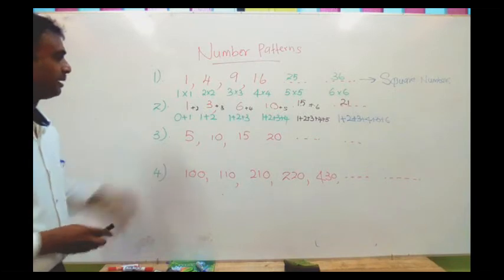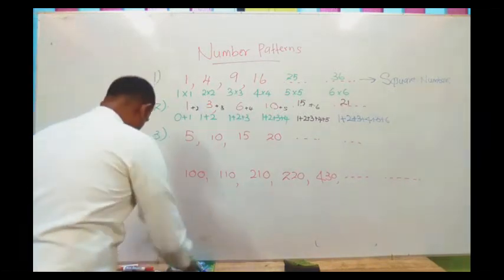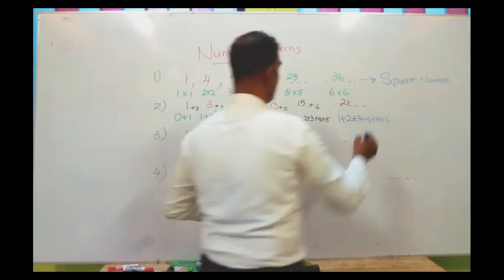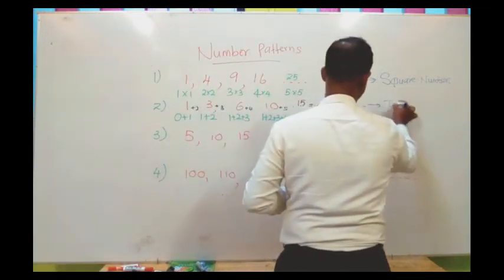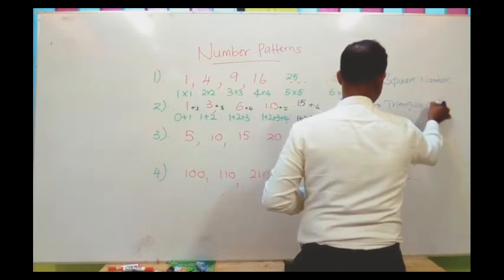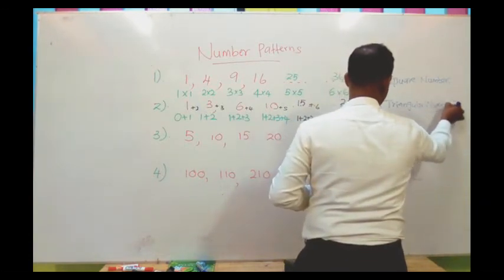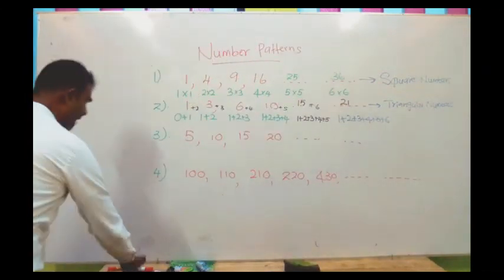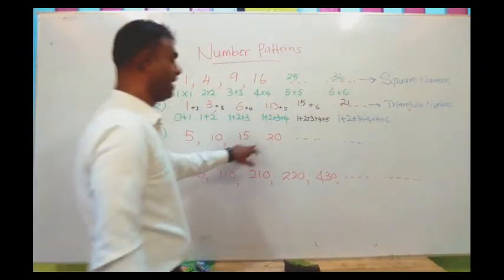We use a specific name for this number pattern: triangular numbers. Next one: 5, 10, 15, 20. You can easily go through that.